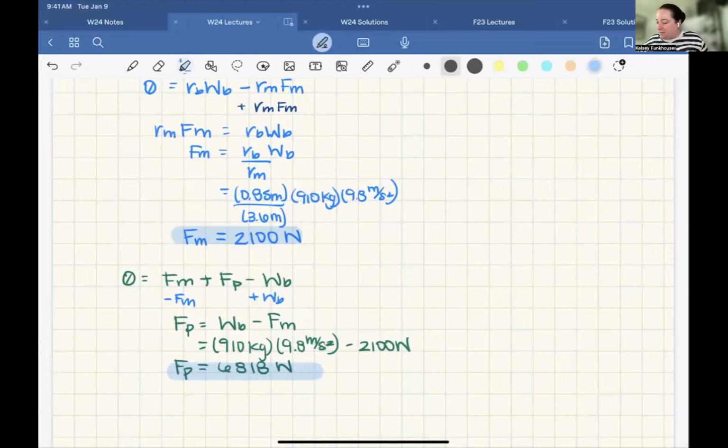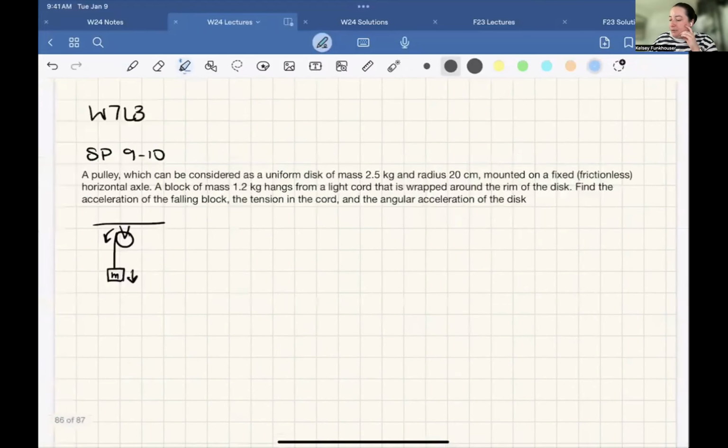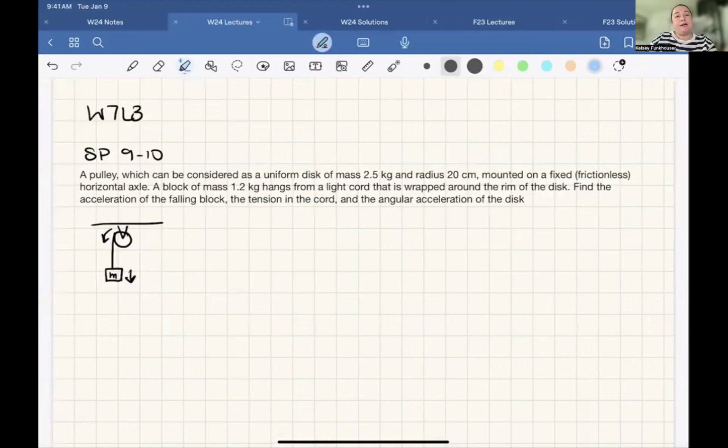But alas. Okay, so we're gonna do one more example, but this one we're no longer in equilibrium. There is acceleration happening. And so I want to show you how to combine both torque and other rotational motion things.